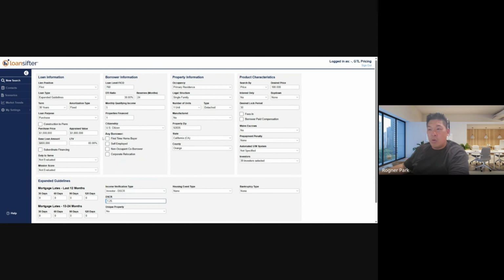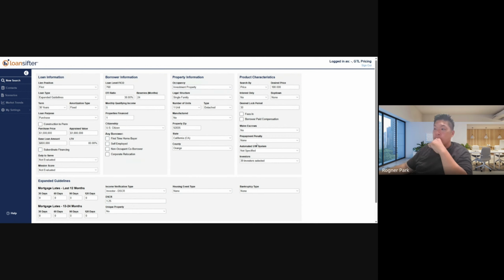Let me change this to 75. You know what? I'll keep it at 80, and I'm going to show you why we're working off of this as opposed to a slideshow. Do make sure you change the occupancy to investment. Please make sure of that.